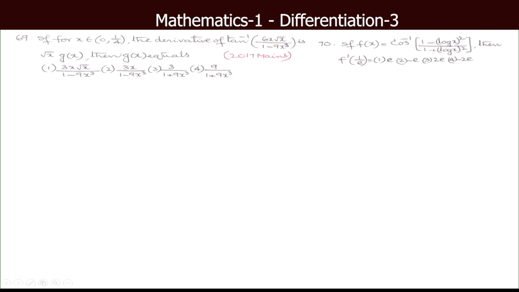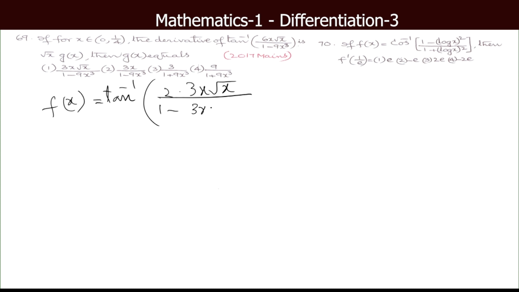Okay, next. If f x for x belongs to 0, 1 by 4, the derivative of arctan 6x into root x by 1 minus 9x cubed. Well, f x is equal to arctan 2 into 3x root x by 1 minus 3x root x whole square.